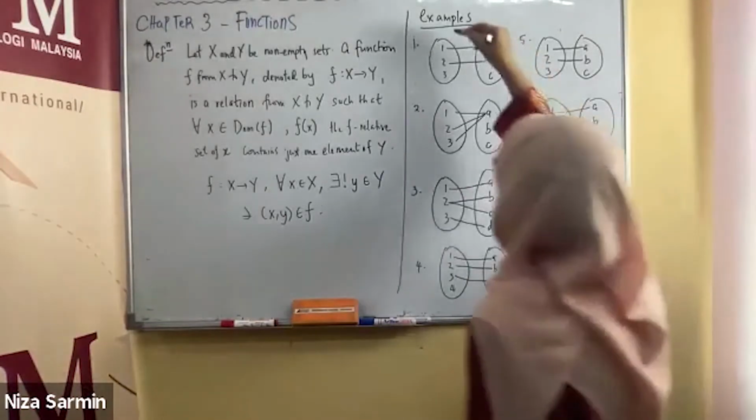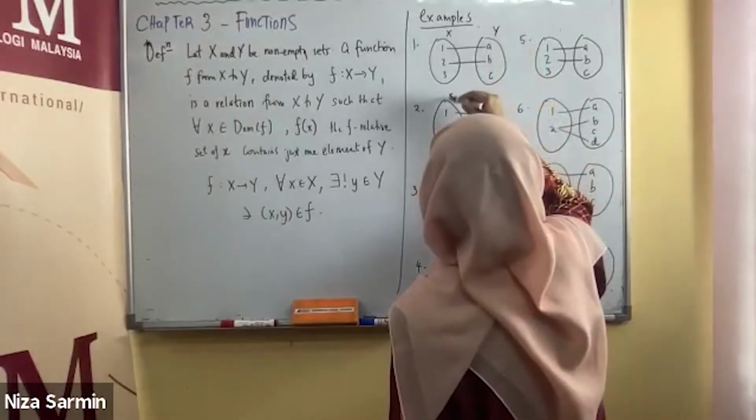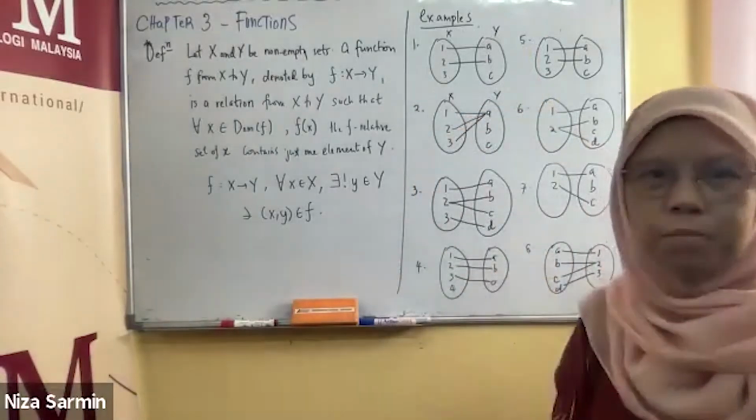So I have from X to Y. I didn't look at the examples in the notes.